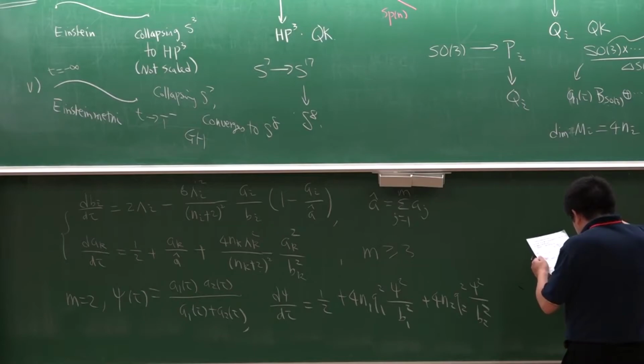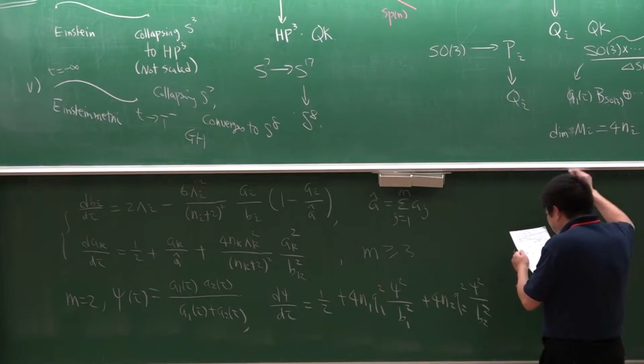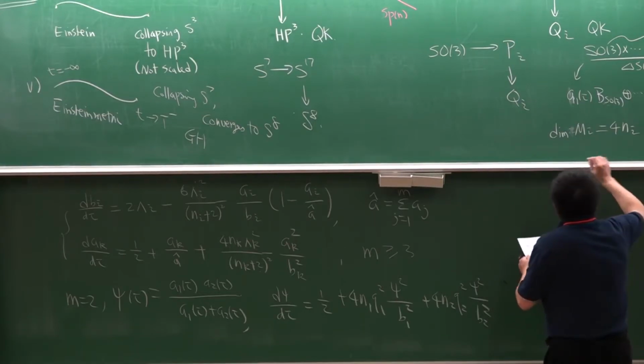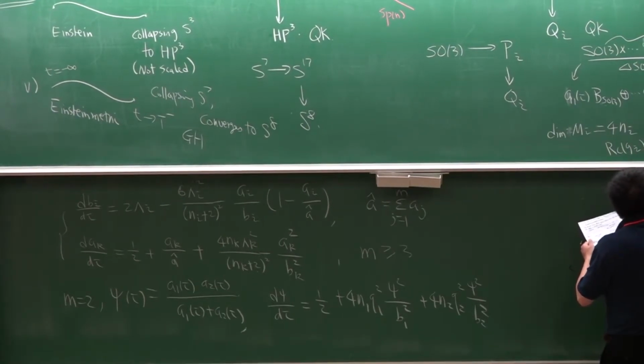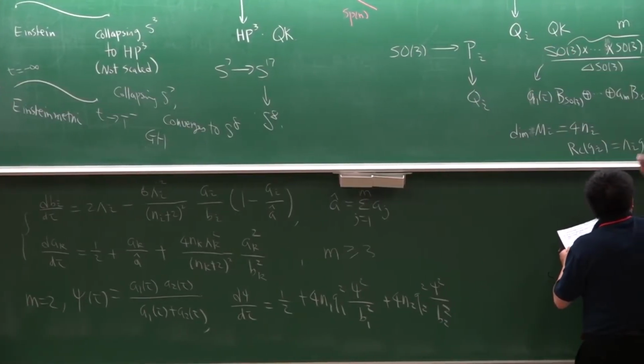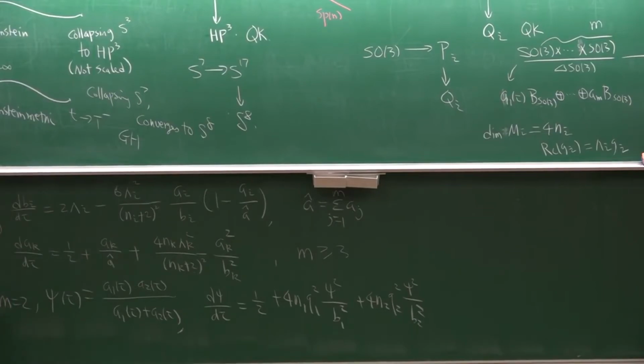It's kind of related to the characteristic class, the Ricci first Chern class. So I think that basically explains all the equations.